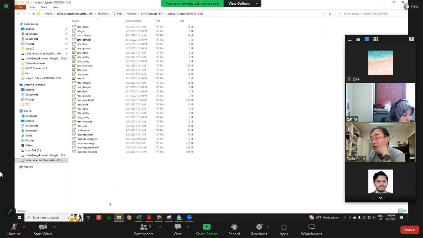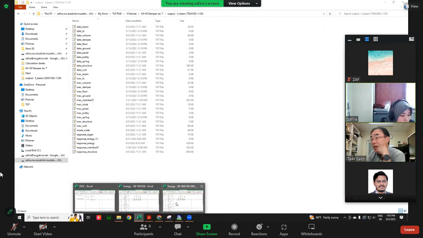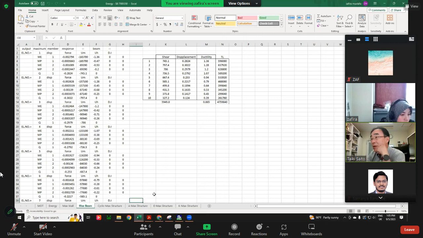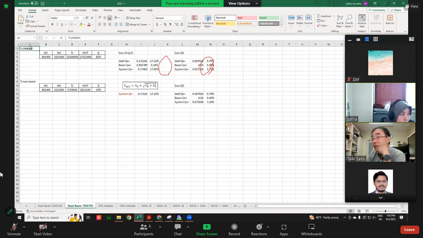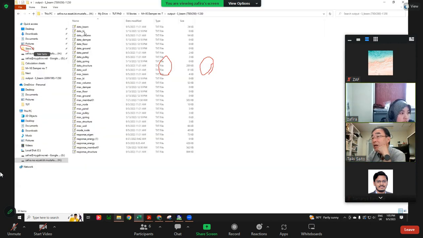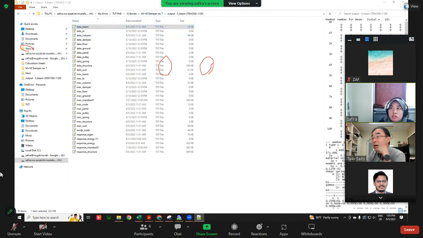This one, in our Excel file you explained. This one reaches ductility over 1, and the capacity is almost 745. But in the previous one, this is not 755, it's 2,100. This one is from the max beam.